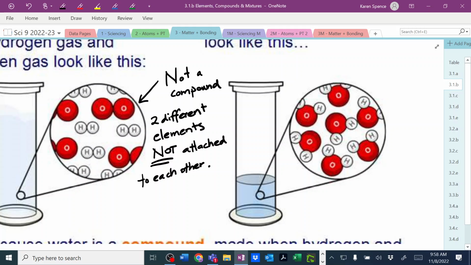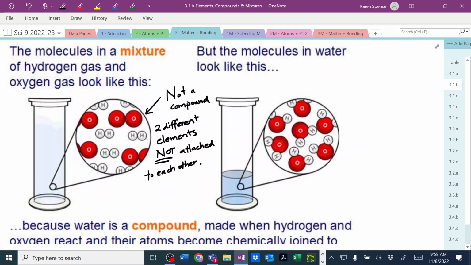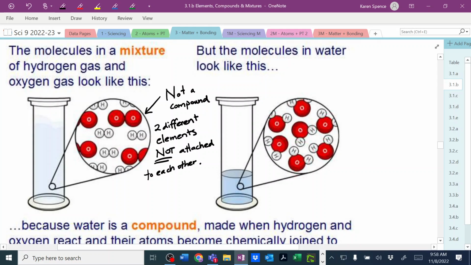All right. How about this water over here? Is this water a compound? Yes. So yes, compound.